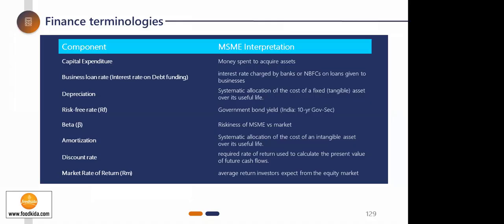I will get it for 107. You're getting what I'm saying? Yes, sir. That means the same 100 rupees has depreciated to 93 rupees. So the value has gone down.